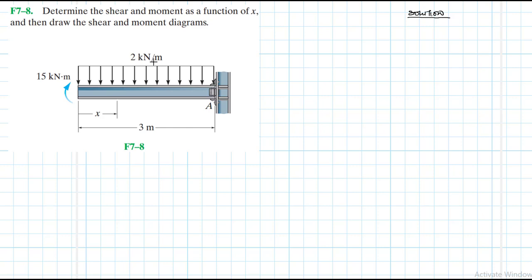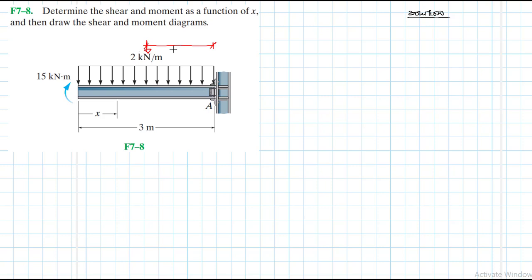So let's find an equivalent force which will just be acting at mid-span of this particular beam, mid-span of the distributed loading, which also coincides with the span of the beam.